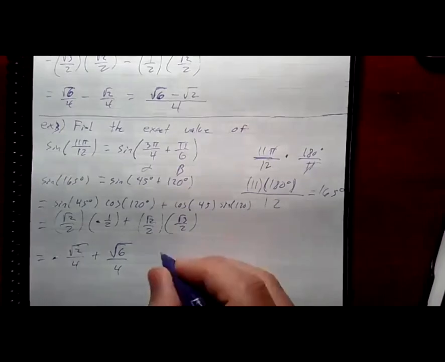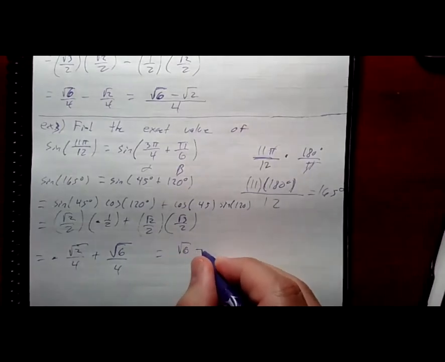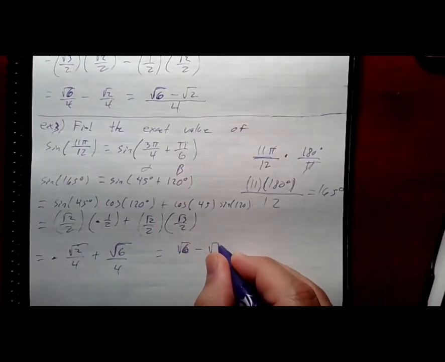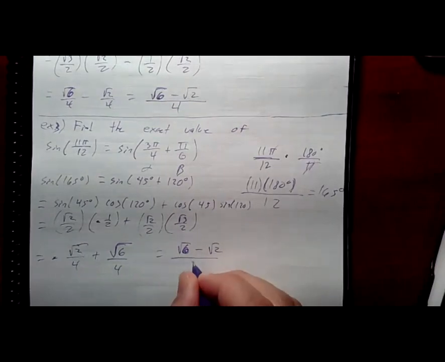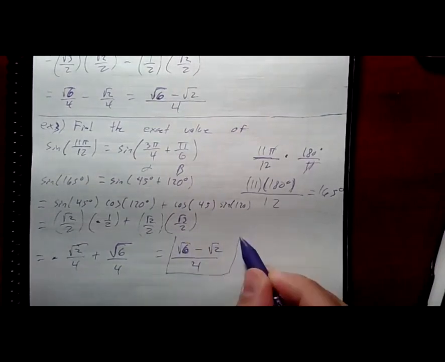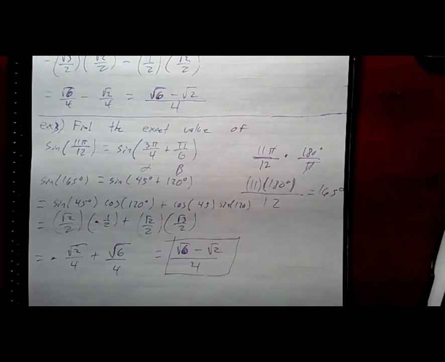One more step would be one fraction of root 6 minus root 2 over 4. So this is an exact answer. No decimals.